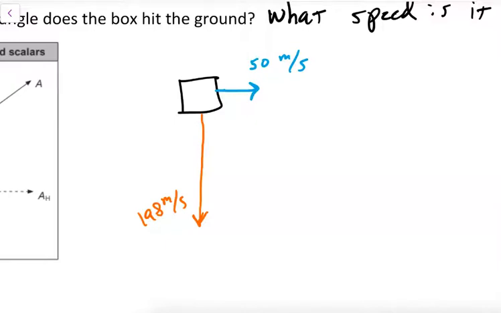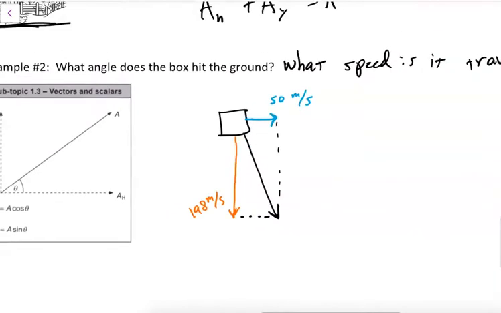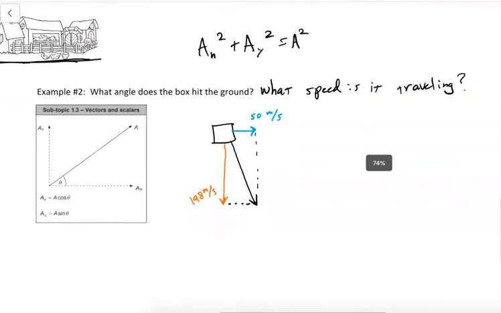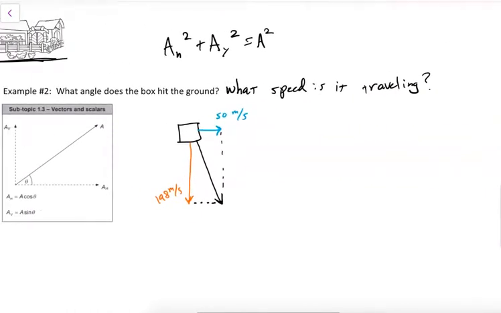And then we're going to need to find our final velocity, which would be like this, because there's your horizontal component and there's your vertical component. And we're going to need to find the angle and the magnitude. So to find the angle, let's start with the first one. We can use a few ways, but the most common one is seeing this as a right triangle.